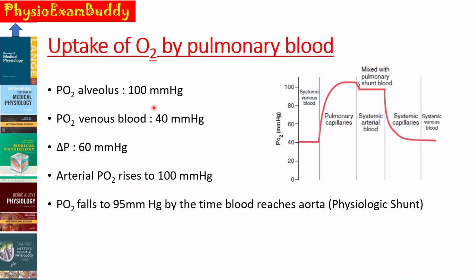You all know that oxygen has to be transported from the atmosphere first into the lungs, and from the lungs it is carried by the arteries into almost all tissues of the body. So how does the uptake of oxygen occur in the pulmonary blood?